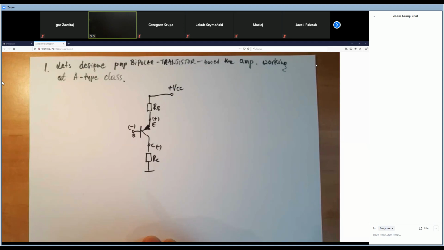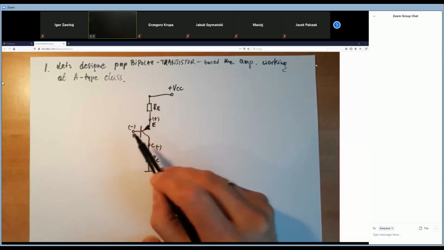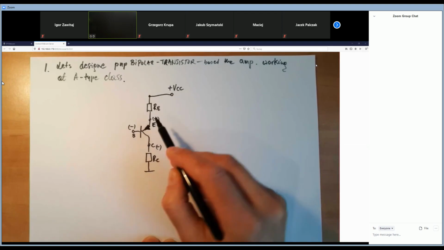We know that between the base and the emitter, we've got the VBE voltage drop. For silicon transistors, it is typically from 0.6 to 0.7 volts.